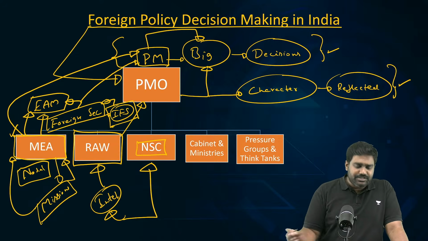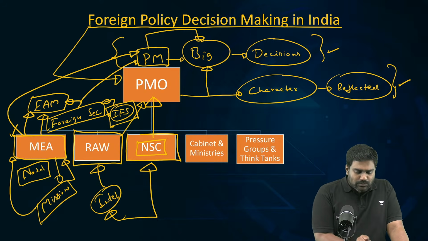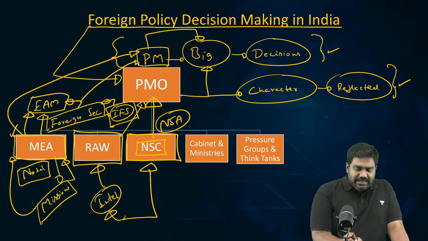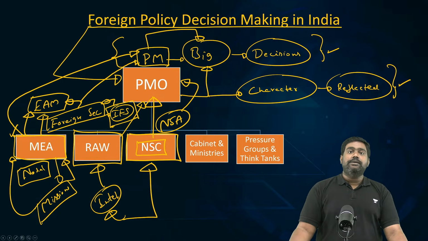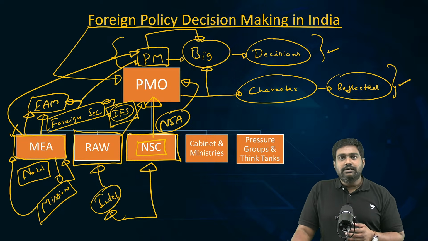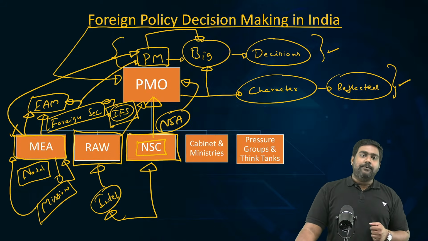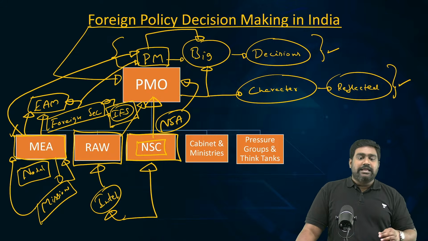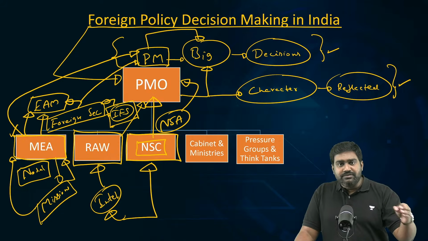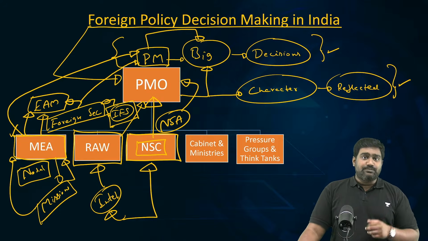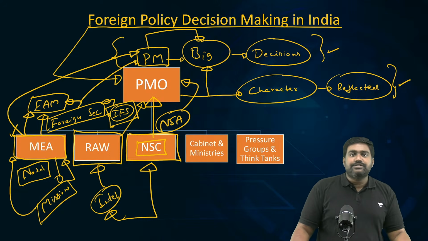In the last 20 years, since the National Security Council was set up, headed by the National Security Advisor, the NSA has been the right hand man of the PM to advise and guide the PM in foreign policy and security matters. It started with Prime Minister Vajpayee, who appointed Brajesh Mishra as the first NSA of India. Then under Manmohan Singh, we had J.N. Dikshit from the Foreign Service again. He was the Foreign Secretary, whereas Brajesh Mishra under Vajpayee was from the IAS.